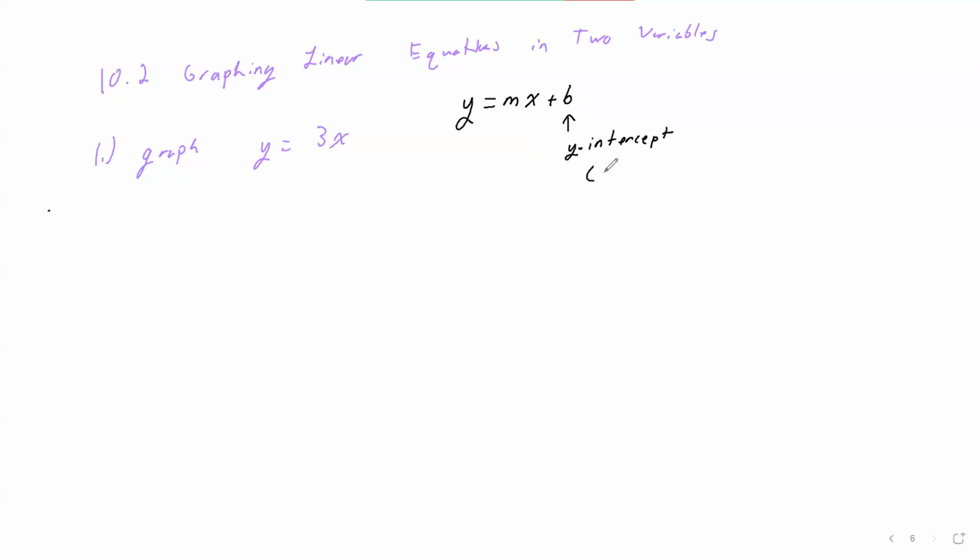So that would be 0, comma, whatever b is. That would be that coordinate. The m represents the slope, or the rise over run.